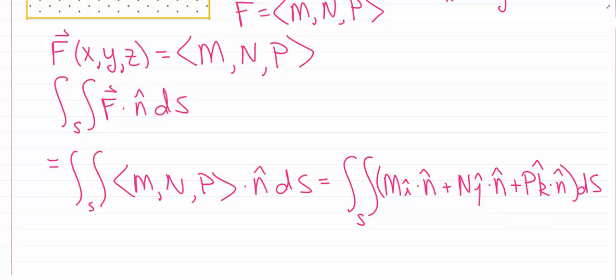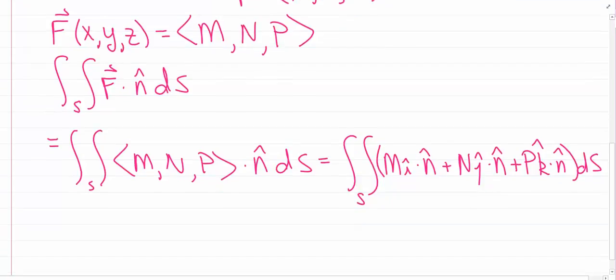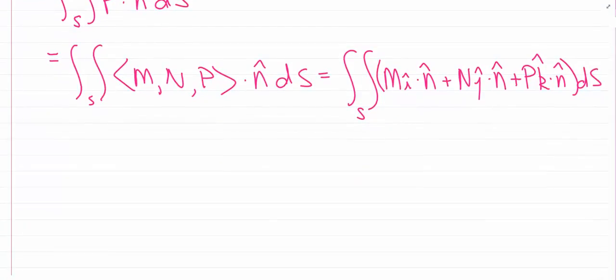And if you're not convinced that what I did there was legal, you can put numbers in and just run through it and you can see. It's one of the properties of dot products that we've looked at before. Now, I'm going to break this apart because this is a double integral, and I can break this into components.